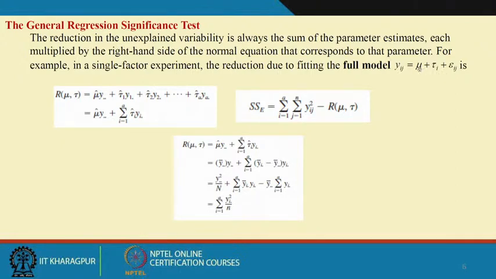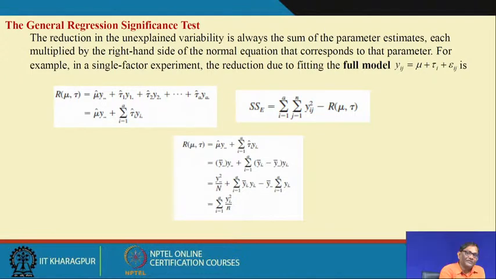Each of the parameter estimates is multiplied by the right hand side value of the normal equation. So, what is the estimate of mu? That is mu cap. What is on the right hand side of the normal equation? The grand total, multiplied by the grand total. What is the second one? Tau 1 cap, right hand side y 1 total; tau 2 cap, y 2 total; tau a cap, y a total.